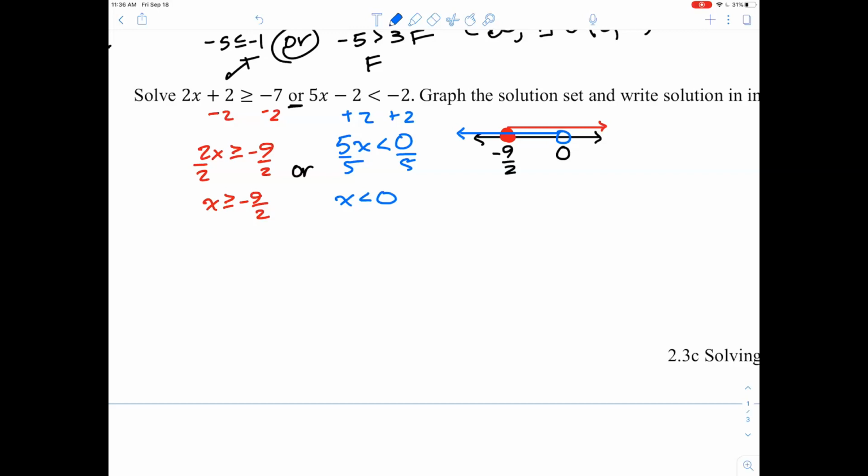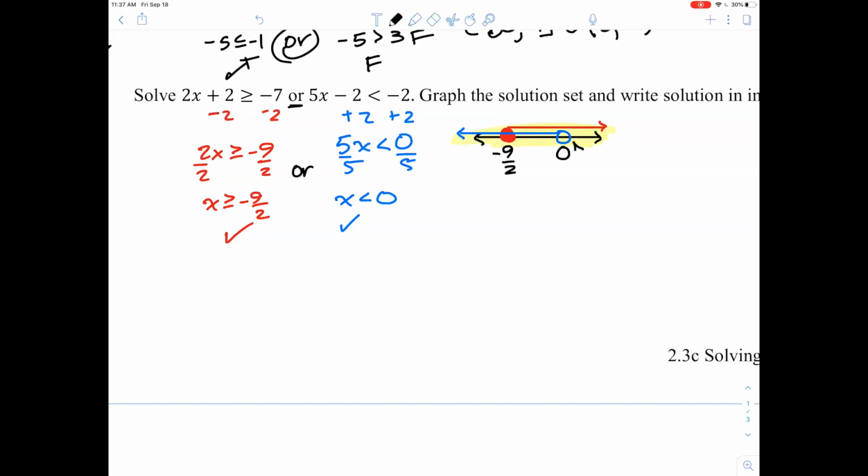So remember that the solutions just have to be true for one of the two inequalities. So everything in blue is true for this. Everything in red is true for that. So my solution would be all of their overlap. Remember, unions are inclusive. So basically, it's the whole graph.